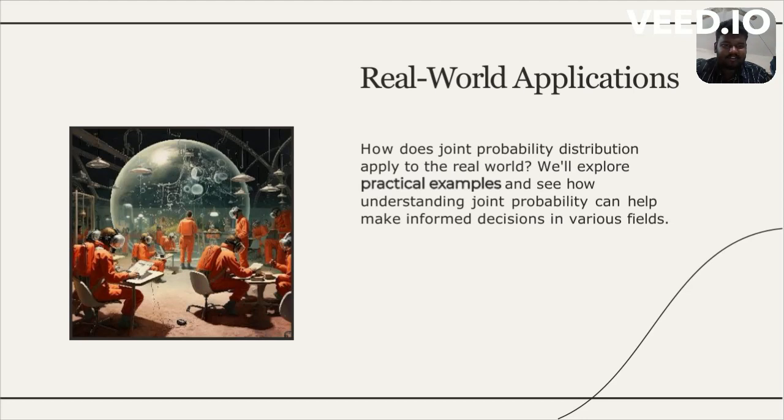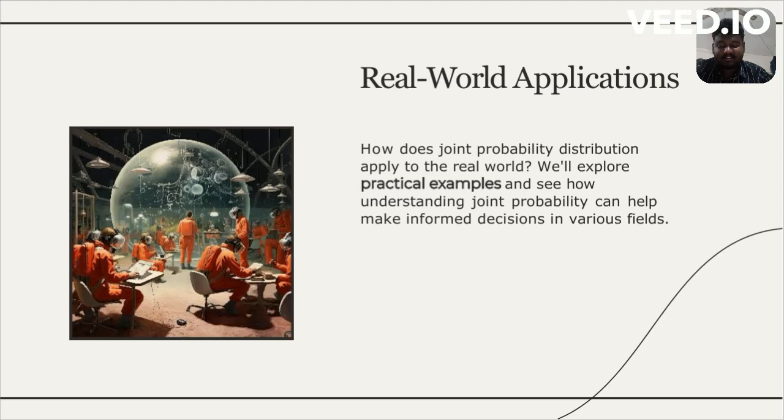Real world applications. We'll explore particular examples and see how understanding joint probability can help make informed decisions in various fields. So some of the real world examples are, for a deck of cards, the probability that you get a 6 given that you draw a red card is P(6 | red) equal to 2 by 26, so that is 1 by 13, since there are two sixes out of 26 red cards.